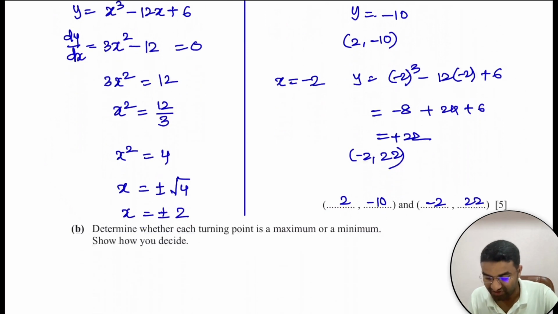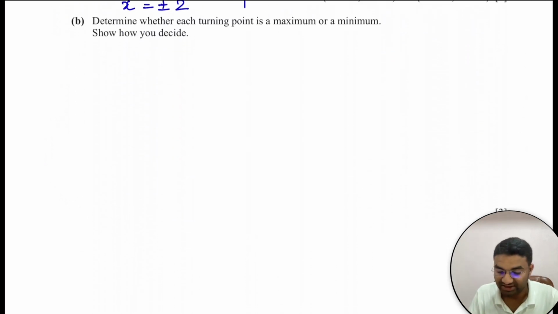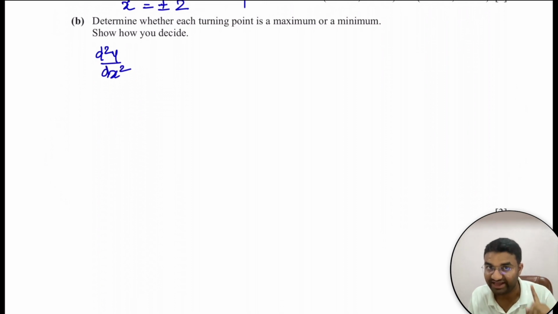All right, so the next part is to determine whether the turning point is maximum or minimum. The condition to determine maximum or minimum point is that we have to find d2y by dx square. Initially I have explained this, so go back and watch the concepts for turning points again.